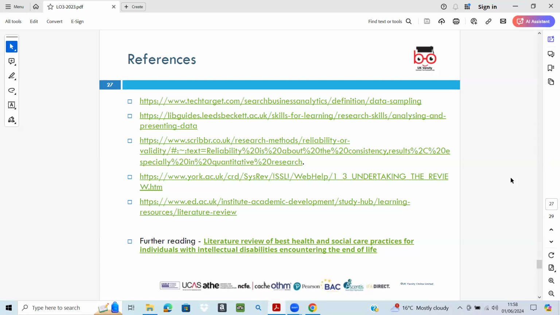We need to explore further examples, engage with the material, and consider how different data collection methods can be tailored to suit various research scenarios.